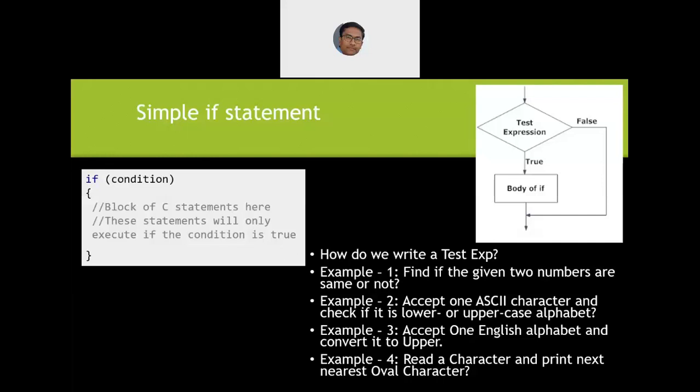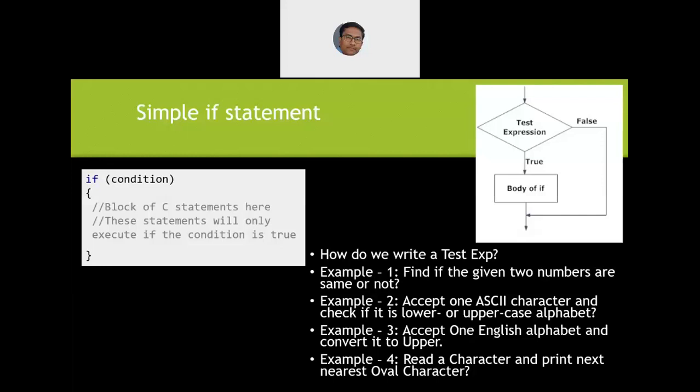The vowels are A, E, I, O, U. So is it possible to read a single character and print the next nearest vowel character? For example, let us assume the user enters P, P for parrot. Okay, let me take C, C for coronavirus. What is my next nearest vowel?